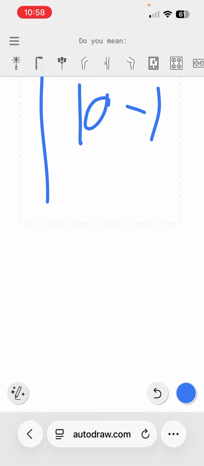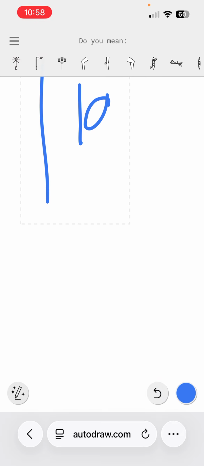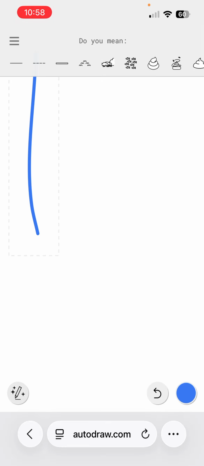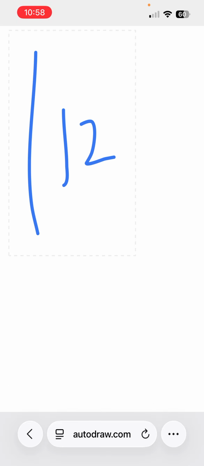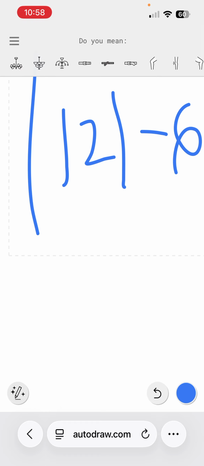Let's do one last problem here. We should do 12 minus 6.